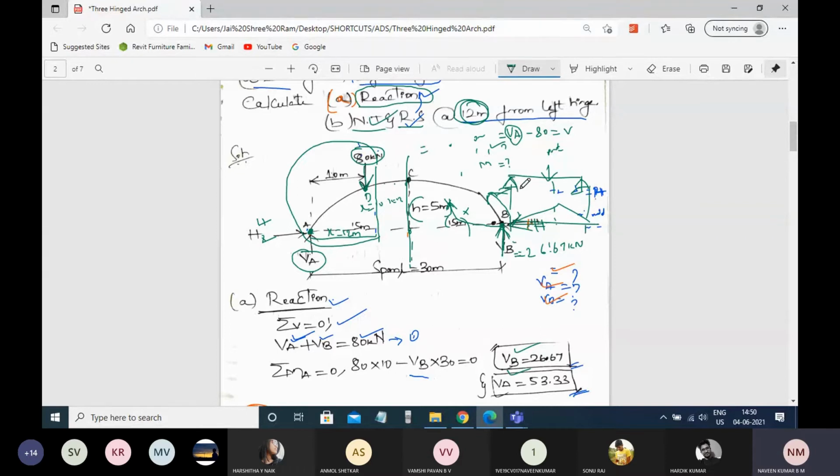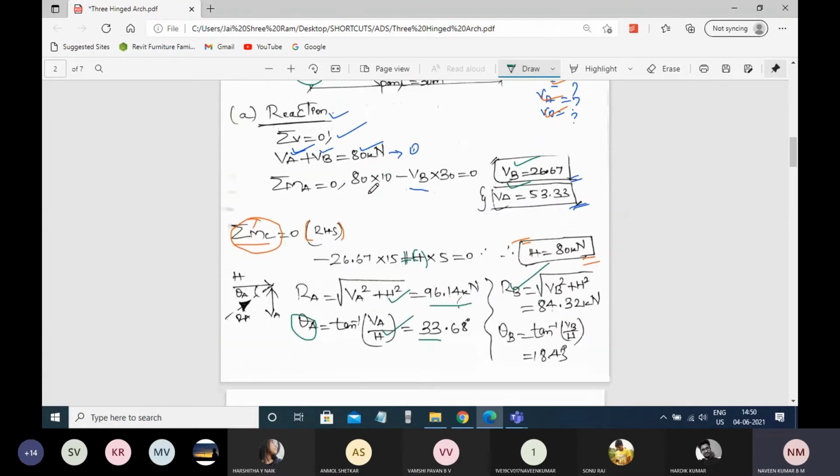If I consider a beam subjected to a point load of 80 kilonewton, where can you expect the maximum bending moment? The maximum bending moment will be at the point of the point load. Understood? Similar way, in this particular segment, that is the AC segment, you will get the maximum moment at D.